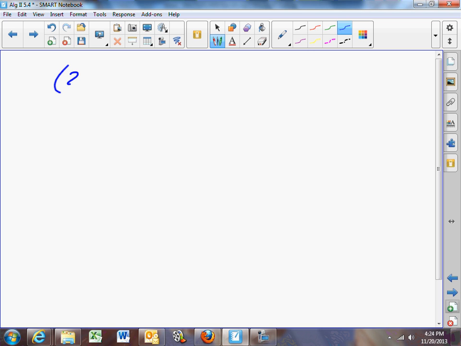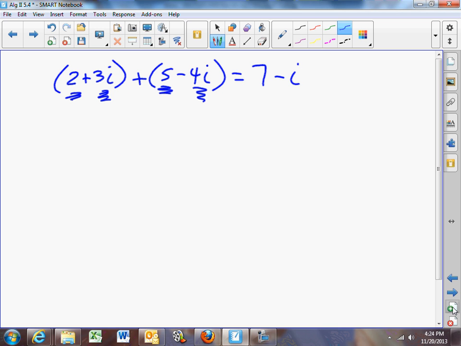If you have 2 plus 3i, that's a complex number, and you want to add it to 5 minus 4i, you're going to add the real parts together. 2 plus 5 is 7, and you're going to add the imaginary parts together. 3i minus 4i is negative i. So the sum of 2 plus 3i and 5 minus 4i is 7 minus i.